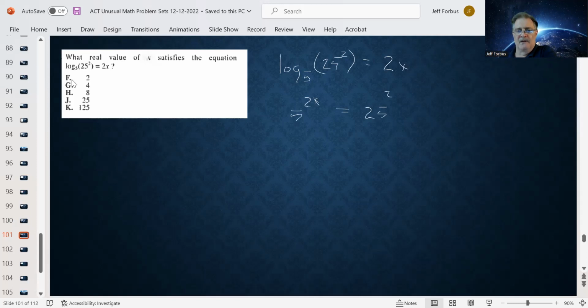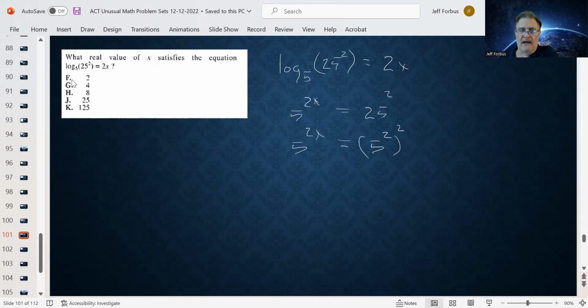Okay, so I need to rewrite 25 as 5 squared so I can get it into the base 5. Now I have my exponentials in base 5.